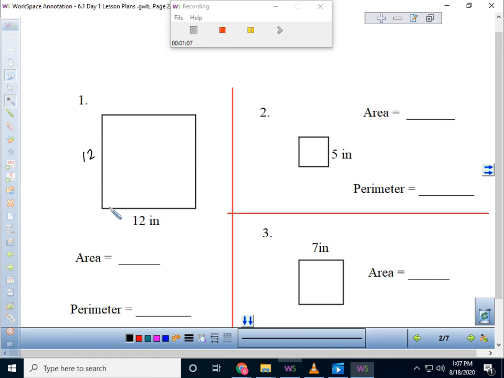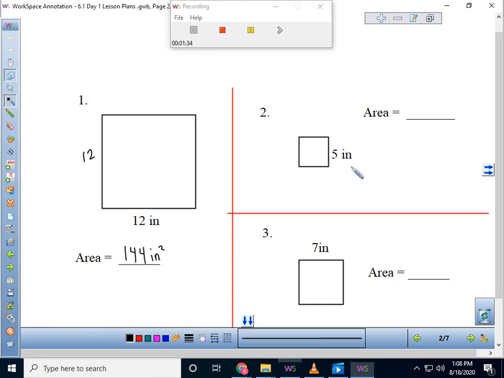This side right here is given as 12, so we can assume one of the other sides is 12, the length, the width, or the height. And 12 times 12 is 144. So the area of this is 144 inches squared. So 144 is a perfect square number.